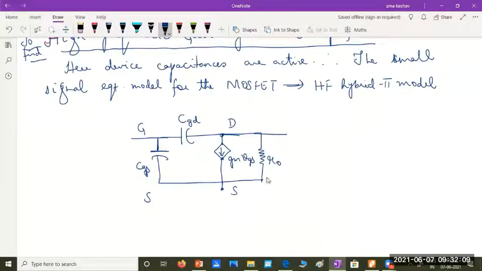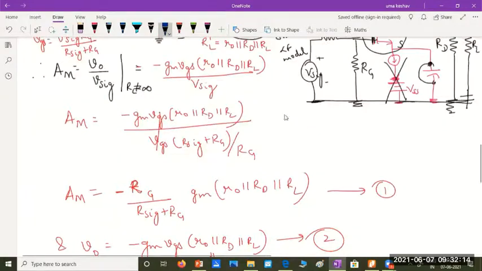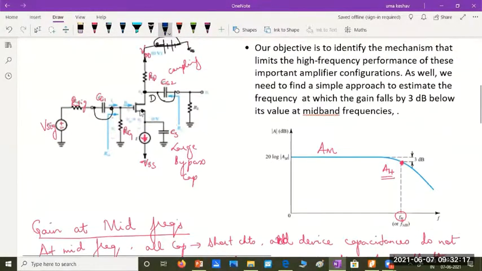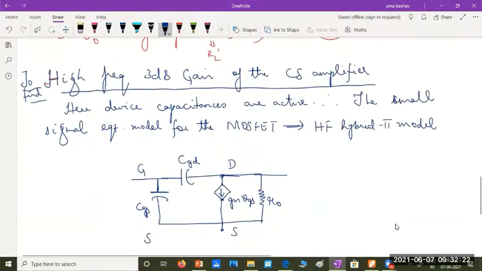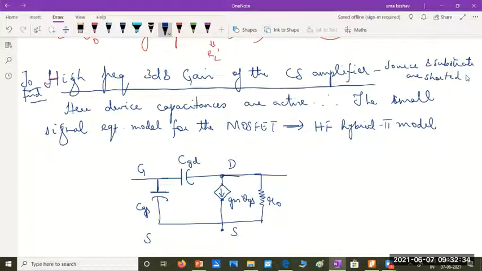Remember, here we have assumed that source and substrate are shorted. In this circuit we have shown only the source terminal, so you have to assume that source and substrate are shorted, and that's why we are not considering the second current source, gmb into VSB, the source to body voltage. That is not there now because it is 0.